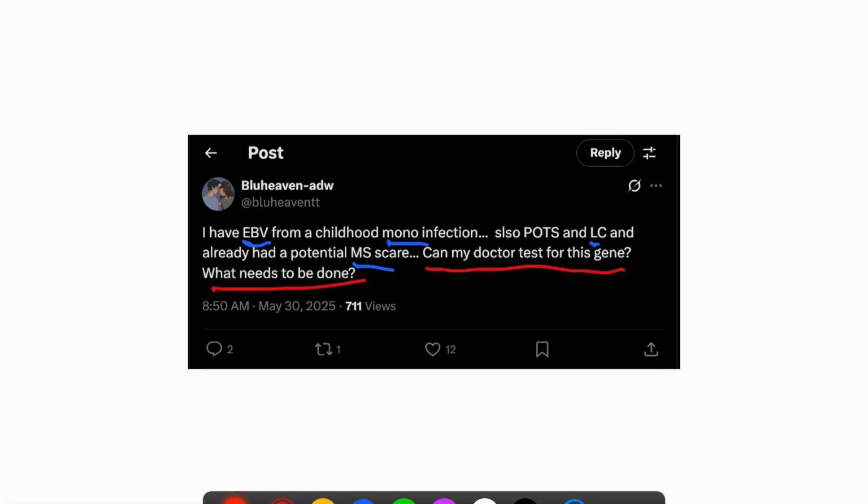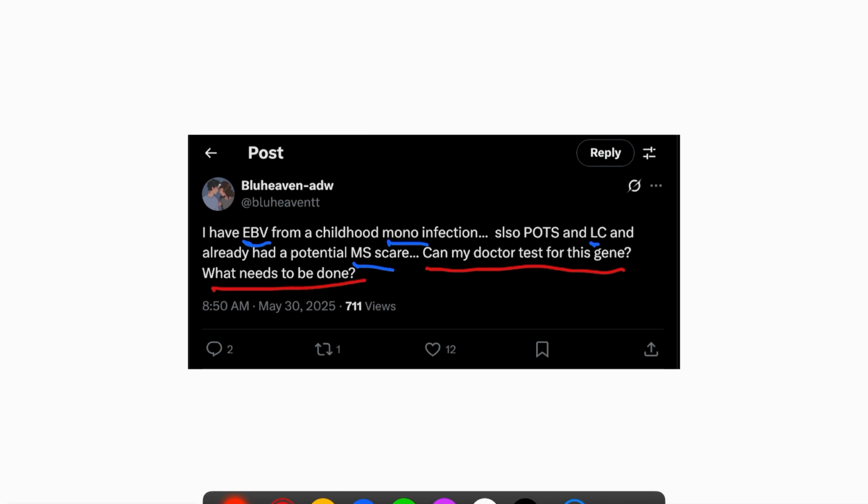Testing for this gene to determine whether or not you have this variant is not something a physician would do because it wouldn't necessarily change the course of treatment. It's not like there's technology that can swap out certain variants that are associated with disease. It's not as if there's technology that would allow you to swap out this 0101 variant for an 0103 variant, which has not been associated with development of MS if you have mono.